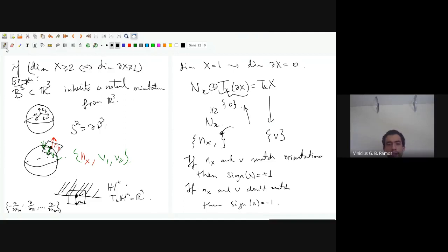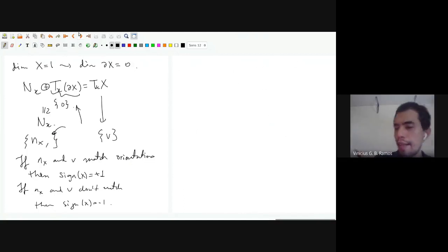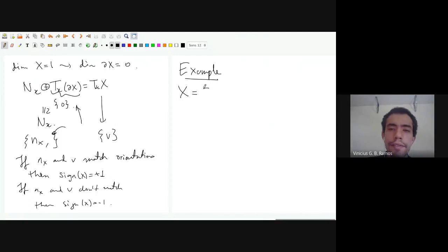Okay? So maybe let's do an example, because I think that's maybe what will clear this. So the example is, say that your manifold is the interval [0, 1].